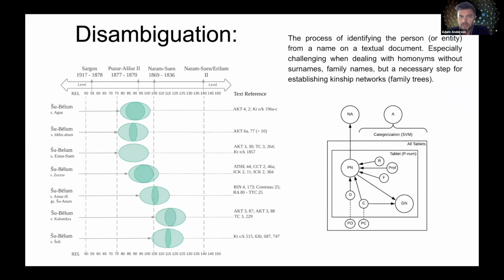So going then to disambiguation, as you see here, we have a delineation of the same name that we've been able to tease into multiple different people. And this is, of course, referring to the Old Assyrian period. I've done this for the Old Assyrian period and for the Ur-3 period now, to some degree at least. And this illustrates the task at hand, that we have a lot of overlap here between at least these 4 individuals with the same name.